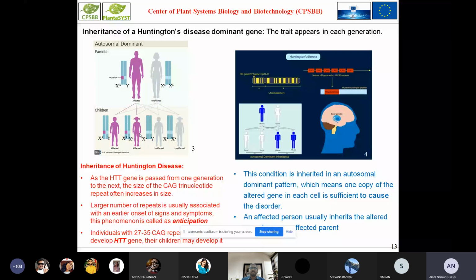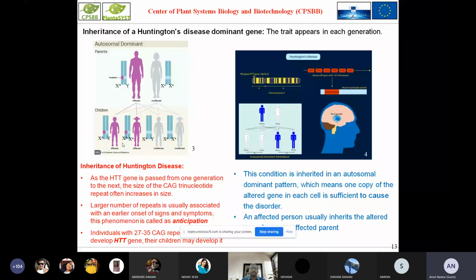If you see the figure here on the left, you have the affected male parent and the unaffected female parent. As we know, the male parent contributes X and Y, which determines the sex, and the female contributes X and X. If we look at the bottom, there are a total of four kids, and of those four, the two on the left are affected and the two on the right are unaffected.